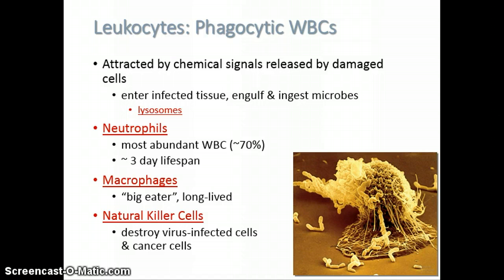They live longer than neutrophils. And natural killer cells are cells that destroy any natural or self cells that have become infected by viruses or that are not behaving normally, like cancer cells. So natural killer cells are responsible for the apoptosis or destruction of an infected cell.